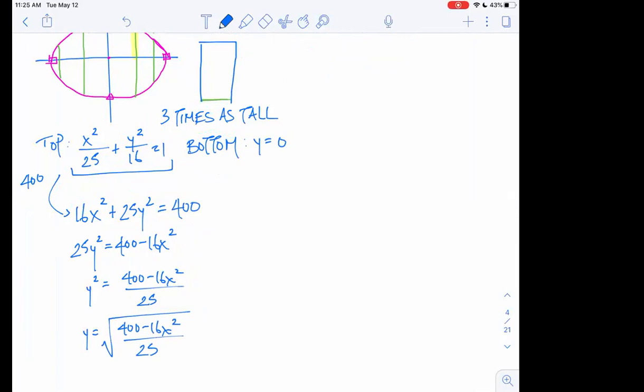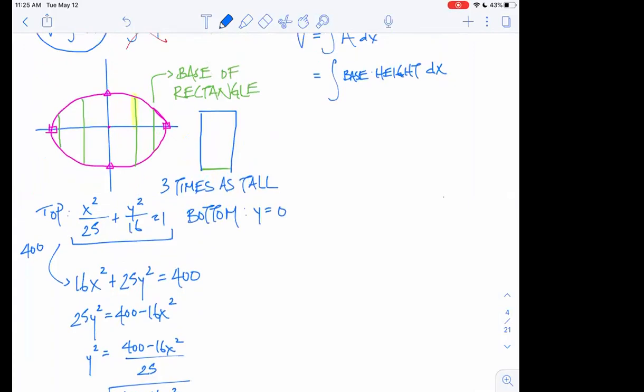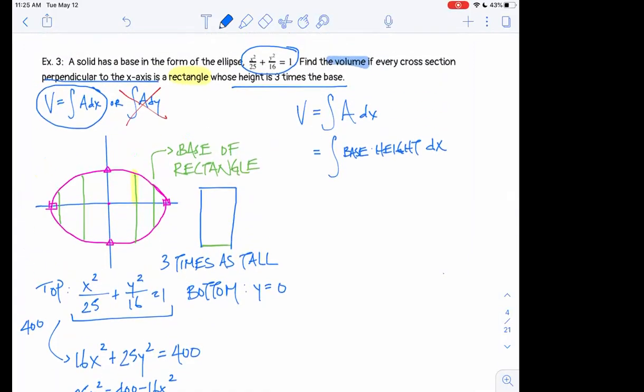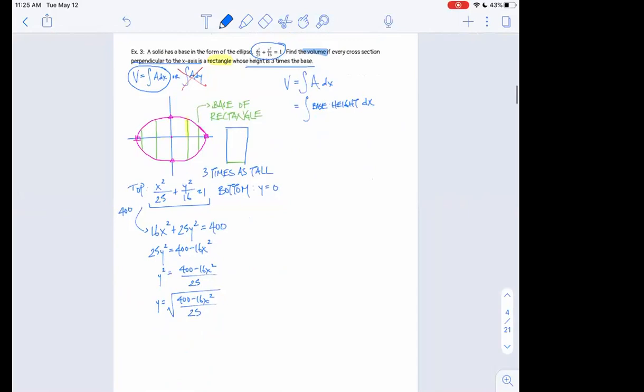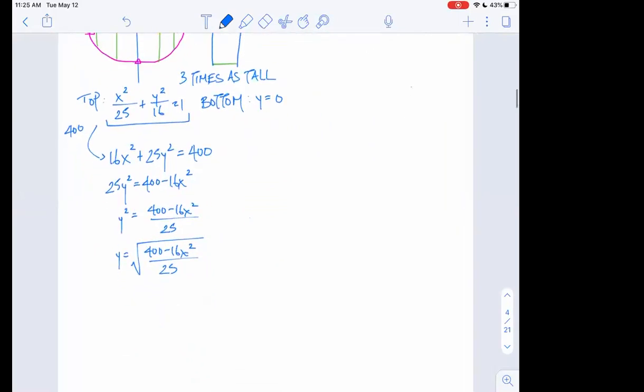All right, so I've gotten my top equation in terms of x. The reason why I wanted to get it in terms of x is because we decided it was going to be a dx equation. So what that means is that half of the base is going to be the square root of 400 minus 16x squared over 25 minus 0.